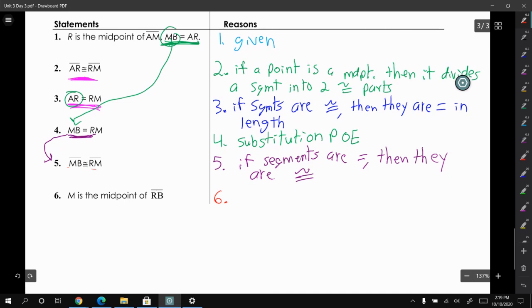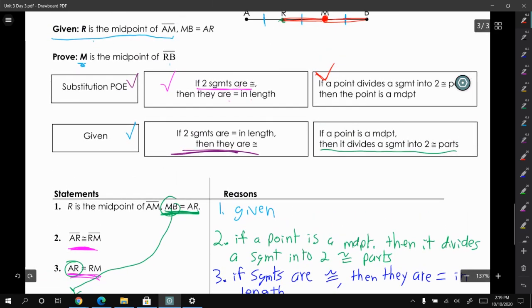So you have to be very careful with how you are phrasing this, because we had the converse of that right here, and we used that in reason number 2.